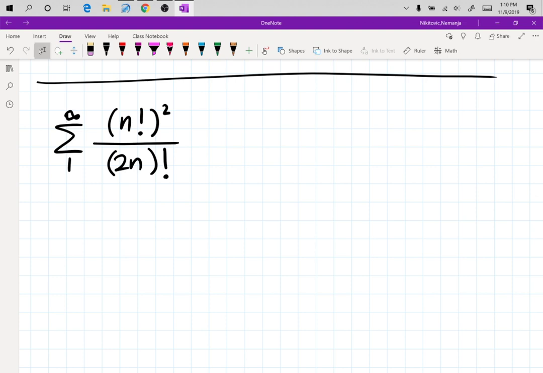Would this be the right way to separate it? Yes, each one gets their own square. Okay, so then it's just inconclusive because it's n plus 1. I don't know. It shouldn't be inconclusive. Let's see.